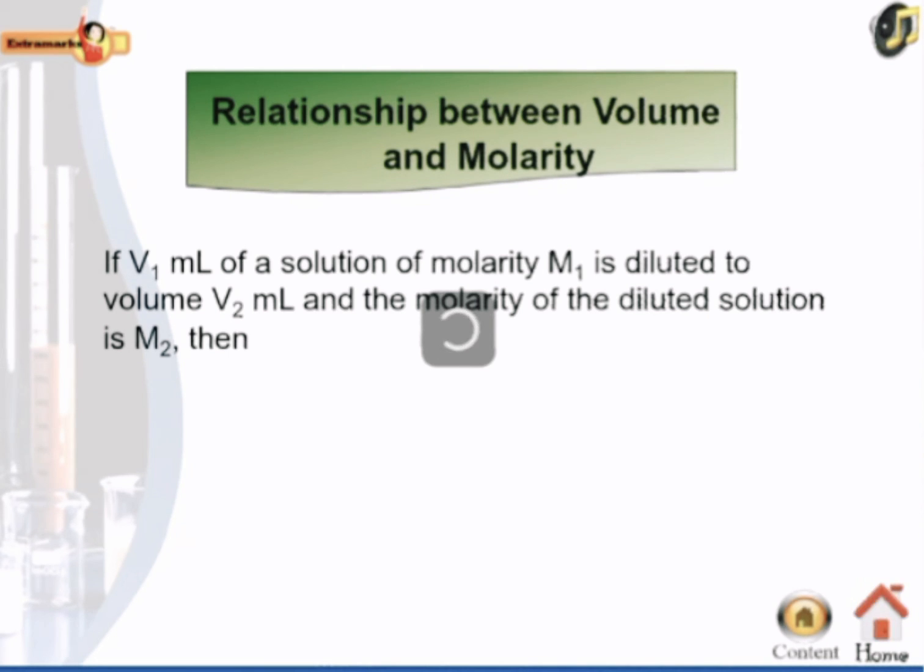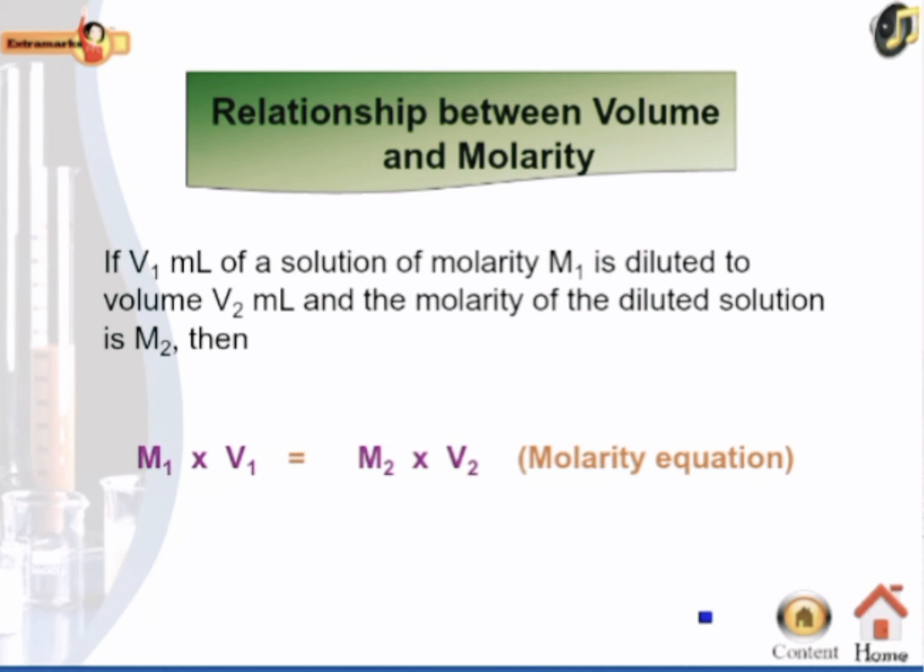If V1 milliliters of a solution of molarity M1 is diluted to volume V2 milliliters and the molarity of the diluted solution is M2, then it is expressed as M1 into V1 is equal to M2 into V2.